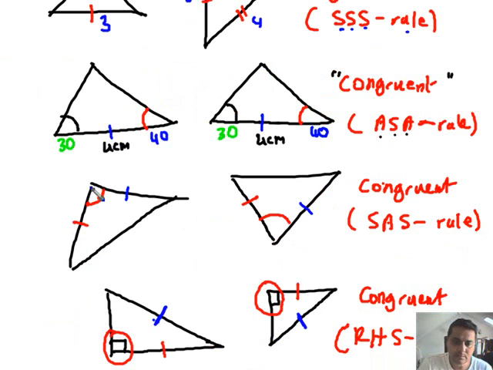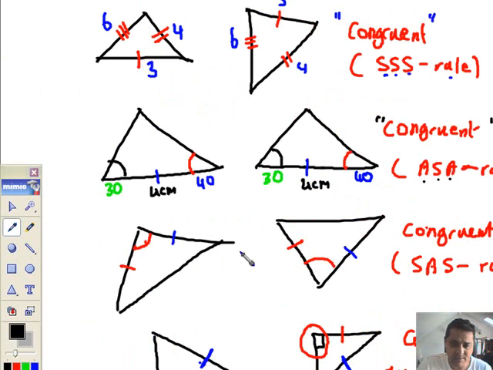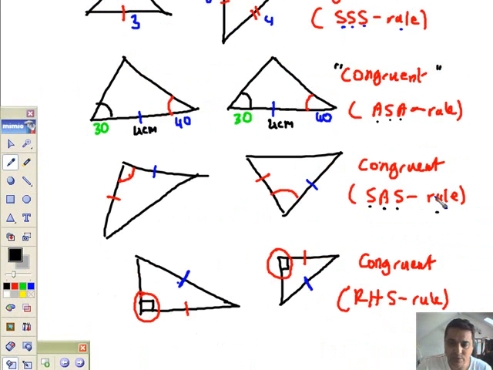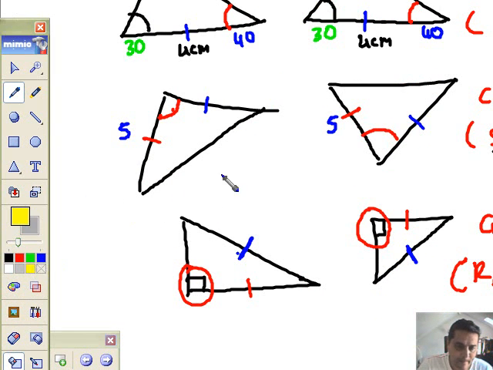Next one, we have a shared common side, another shared common side, and one common angle which must be between the two sides, hence side angle side rule. Let's give you an example here. This could be 5 centimeters, therefore that will also be 5 centimeters. This one could be 8 centimeters, this could also be 8 centimeters, and the angle between them must be the same.